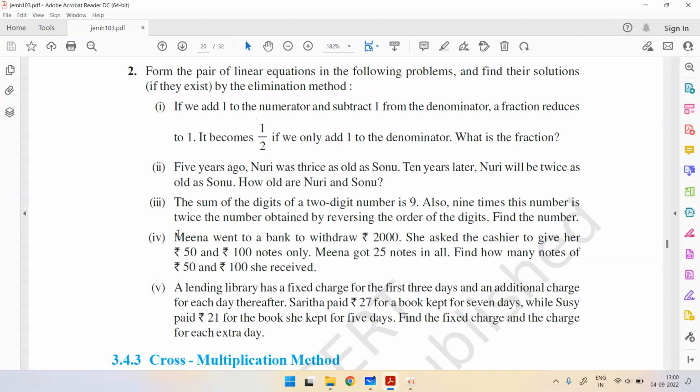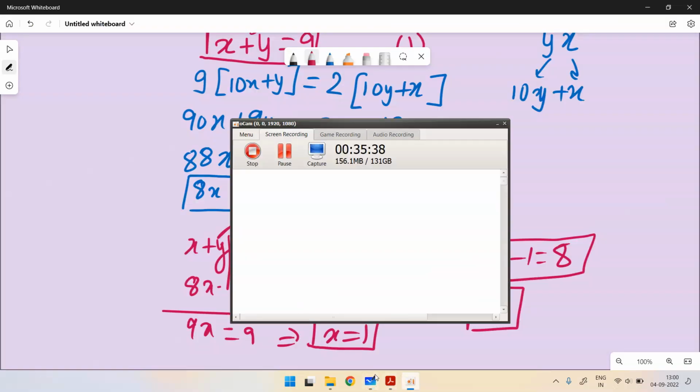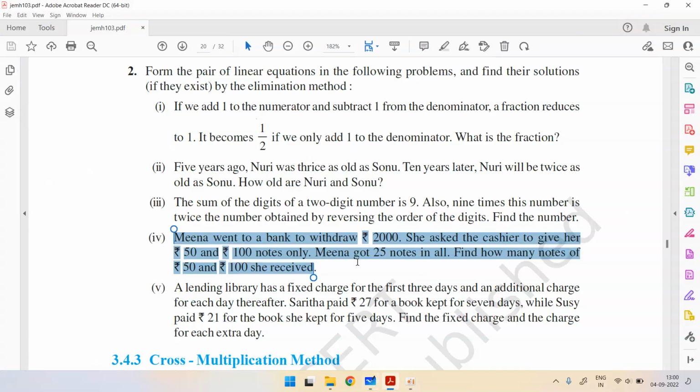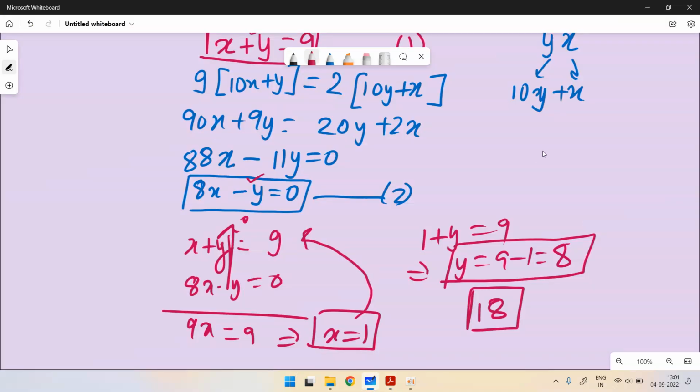Now next, fourth question. Meena went to the bank to draw 2000. She asked the cashier to give her 50 and 100 notes only. Meena got 25 notes in all. Find how many notes of 50 and 100 she received. So this is the fourth.